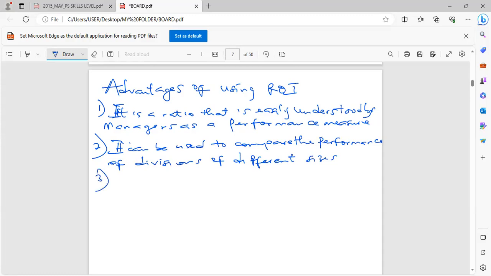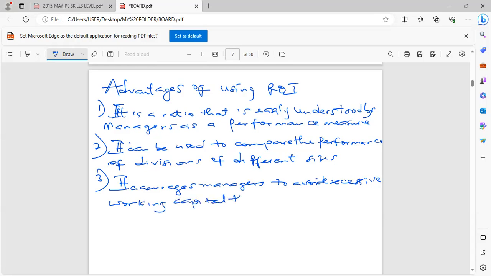Three, it encourages managers to avoid excessive working capital through effective inventory management.